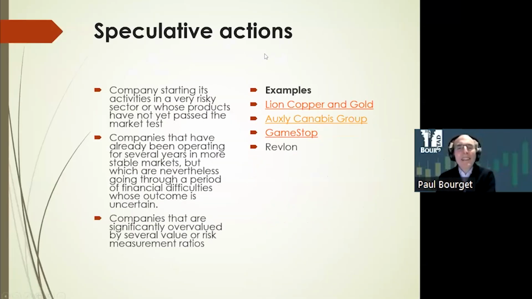The last category would be speculative stocks. A company starting its activities in a very risky sector, or whose products have not yet passed the market test. Companies that have already been operating for several years in more stable markets, but which are nevertheless going through a period of financial difficulties whose outcome is uncertain.